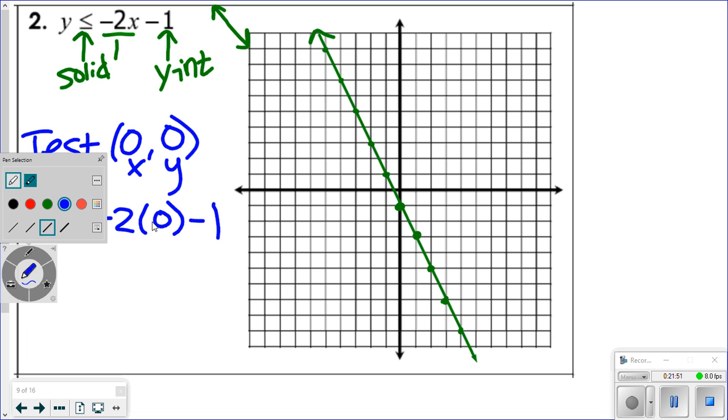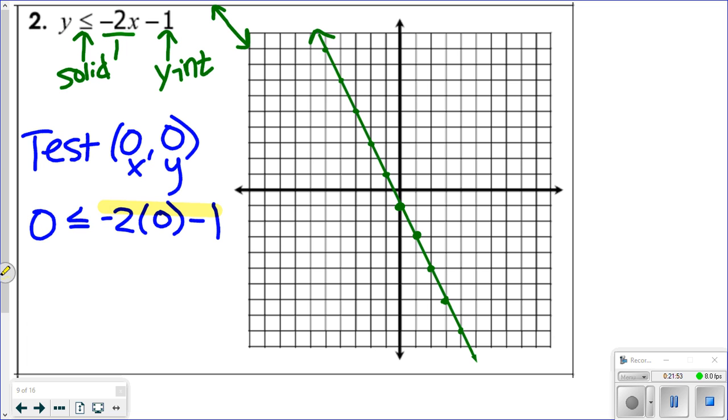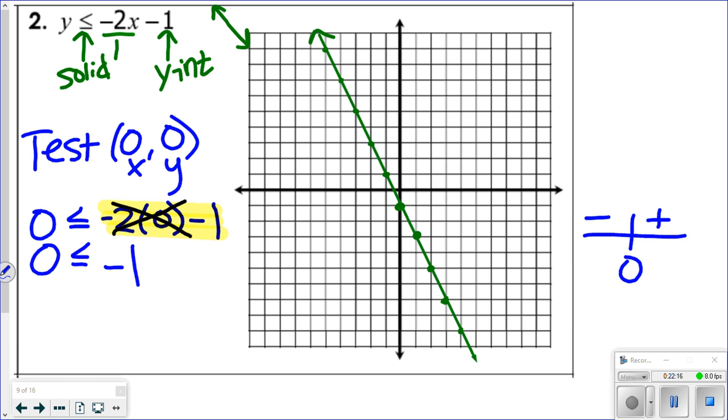Now, if you want to, you can take this and plug this into your calculator, or you can remember that anything times 0 is 0, so this basically cancels out, and 0 minus 1 is -1. So is 0 smaller than a negative number? Think about your number line. No, this is a false statement.